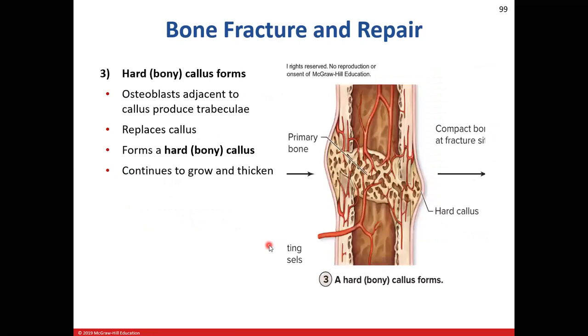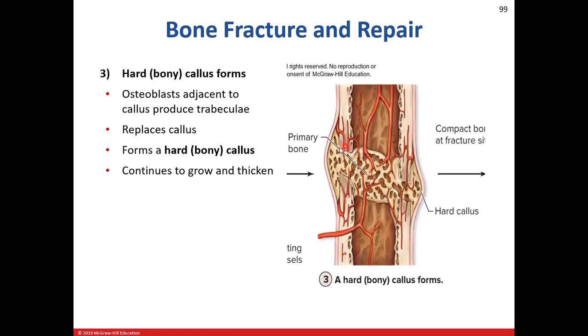With a hard callus, now we're getting into the bony component of the healing process. So now we're forming the hard or the bony callus. Our osteoblasts that are adjacent to the callus begin to produce our trabeculae. You can start to see this woven bone pattern of trabeculae in here, the pillars and the supports.